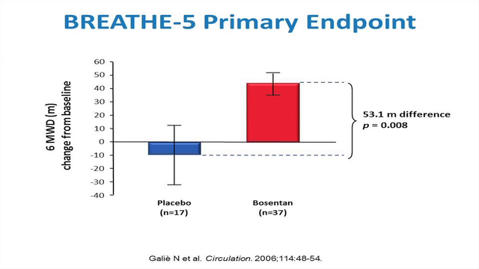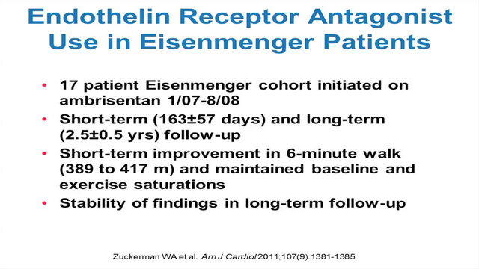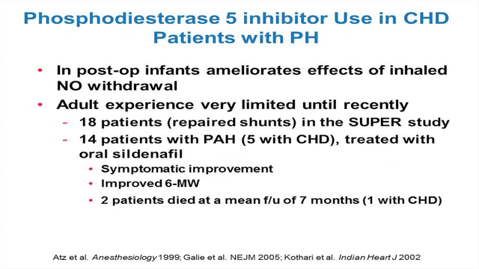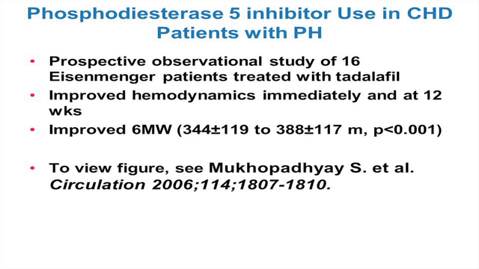There have since been other studies looking at other cohorts of patients with congenital heart disease with other agents. This was actually looking at ambrisentan, showing very similar data in terms of functional improvement. There's also been data looking at the use of PDE5 inhibitors in these patients as well. The experience in general until recently has been fairly limited, but there have now been several studies, including this study from India, demonstrating that these patients had a reduction in their resistances.